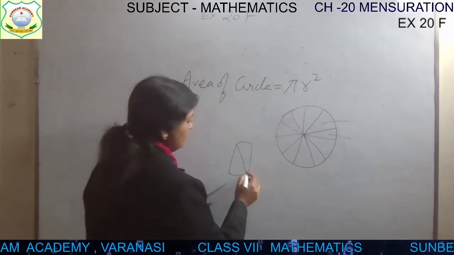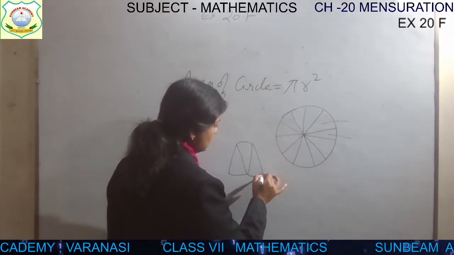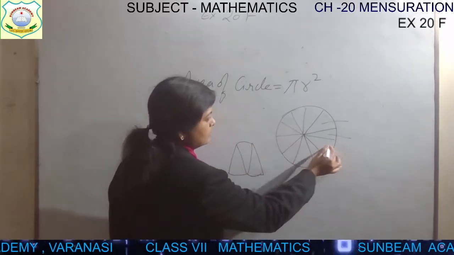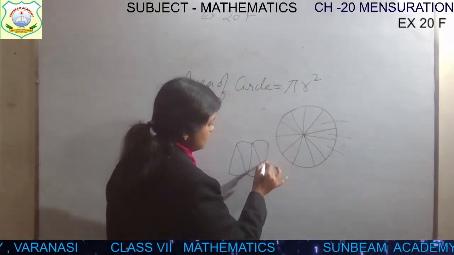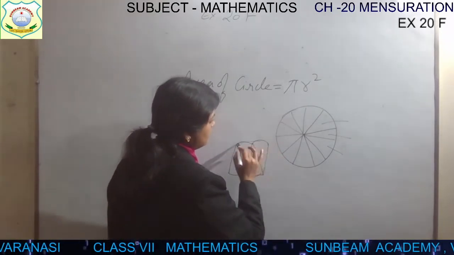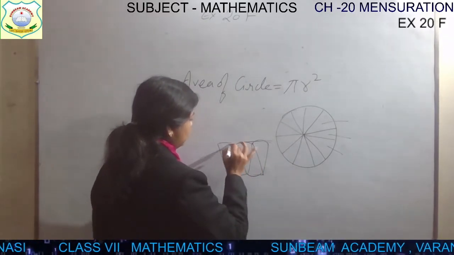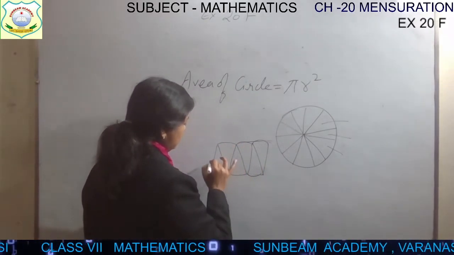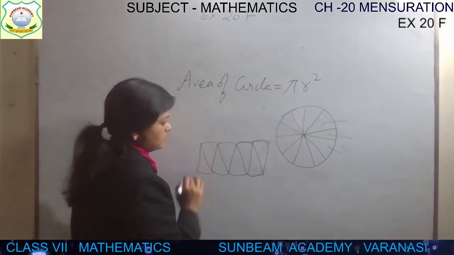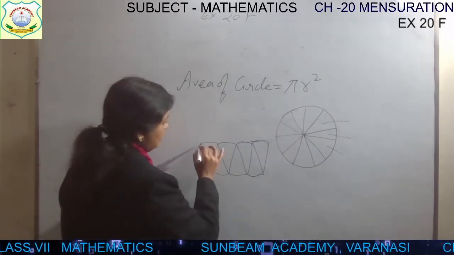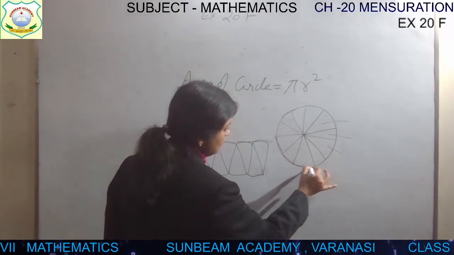Okay. Then again from here, take the third sector and place it here. Then the fourth sector. So if you see this, you will get some sectors arranged in this way. So now what is this, beta? This portion is this much, right?